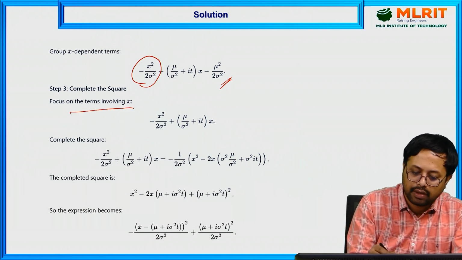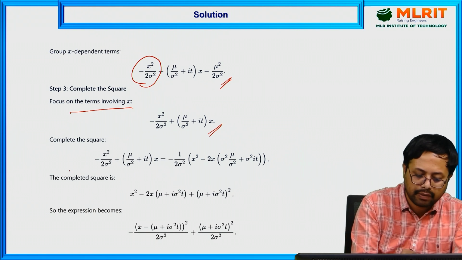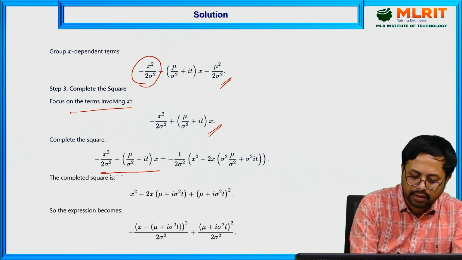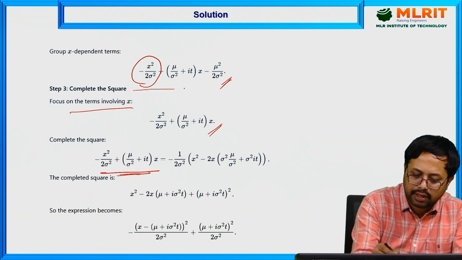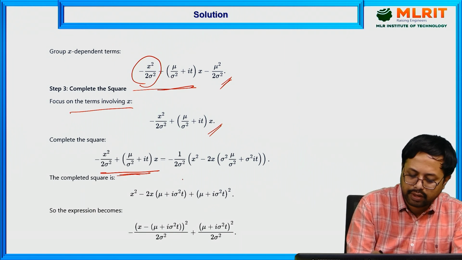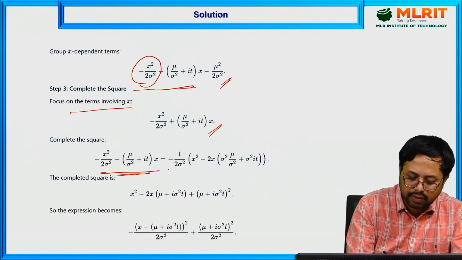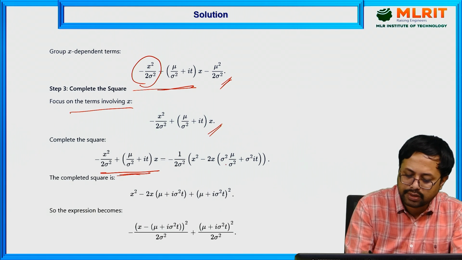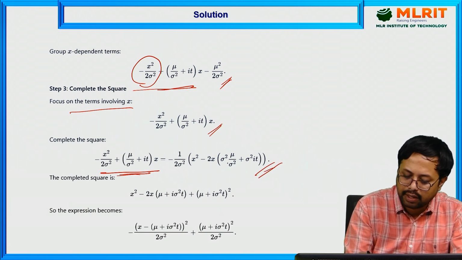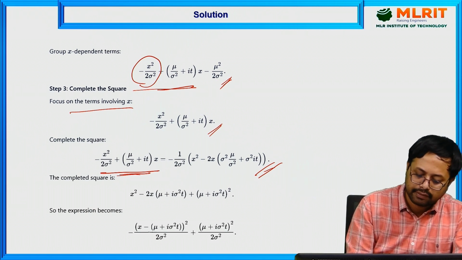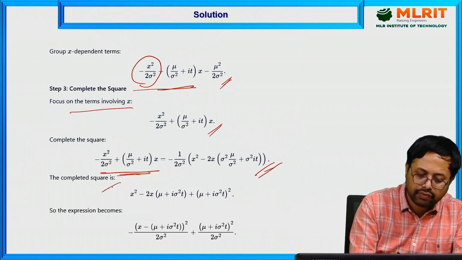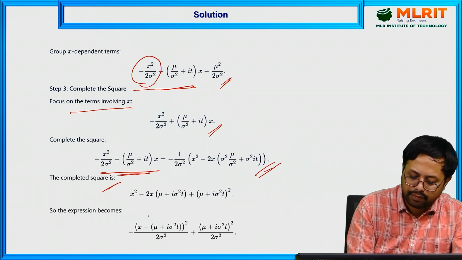Expand this: minus 1 by 2 sigma square of x square minus 2x, taking common sigma square by mu by sigma square plus sigma square into it. Next you take the complete square of the term.